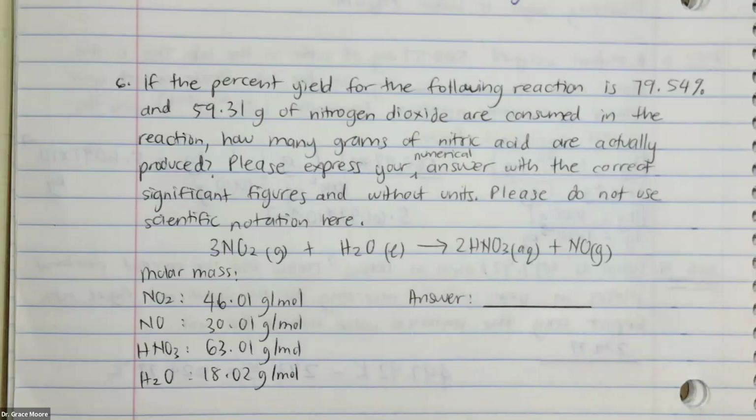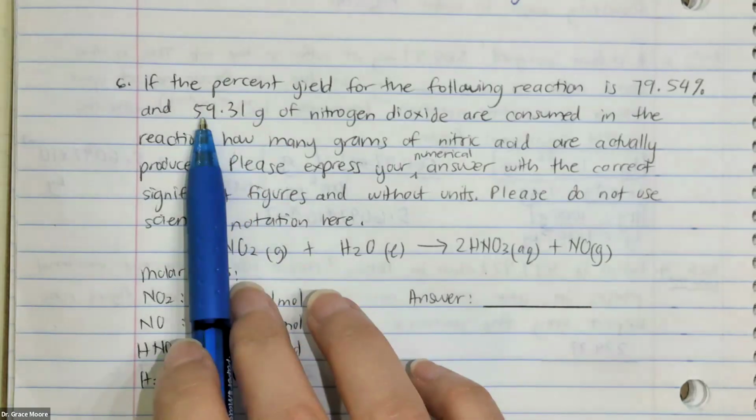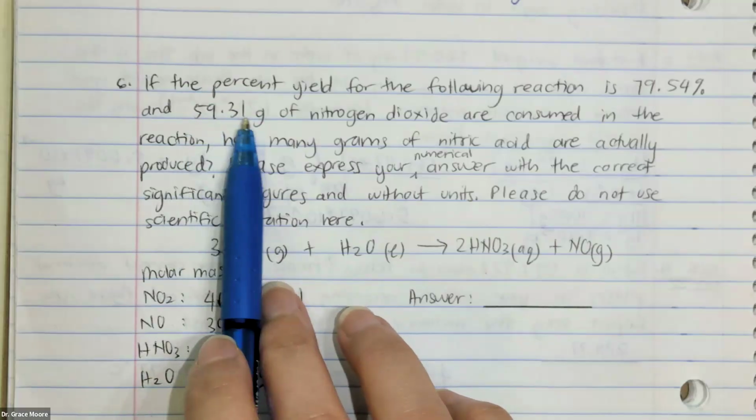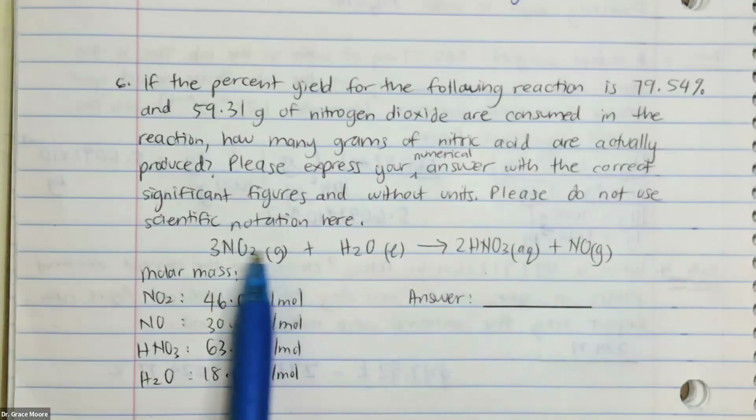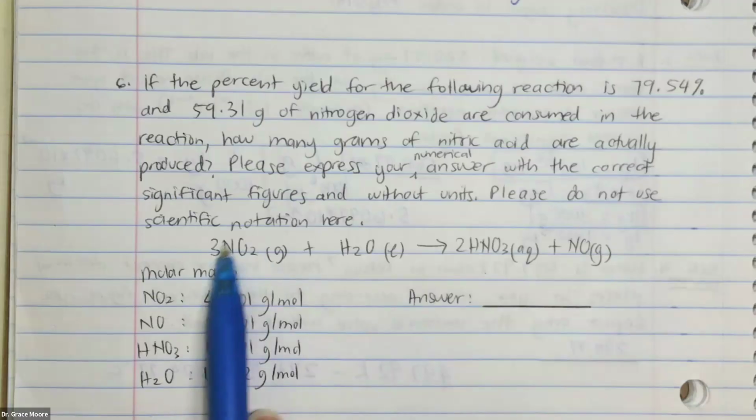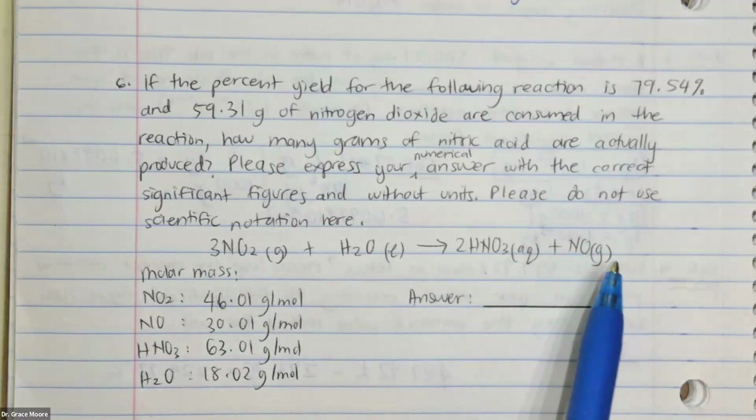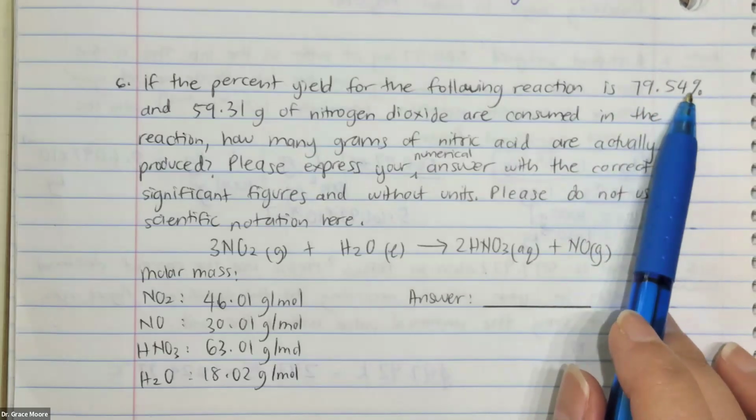To do this question, we need to know that this here is all of the reactants we have. But when you make the calculation using this reaction, it's going to get you to the theoretical yield, which is the 100% mark. Once you get the 100% mark, they ask, how much do you actually make? Because it's not 100% efficiency, it's only 79.54%.